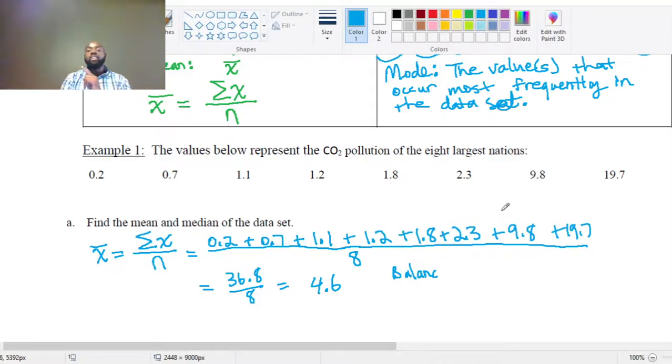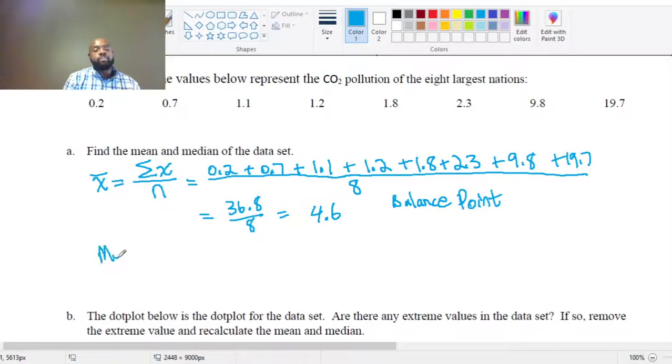So my mean is 4.6. If I had a number line, I put it on 4.6 and I held that up, it would balance my data set. So it's like a balance point of your data set. That's one way that you can interpret it.